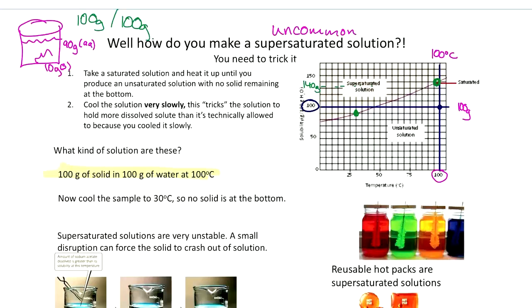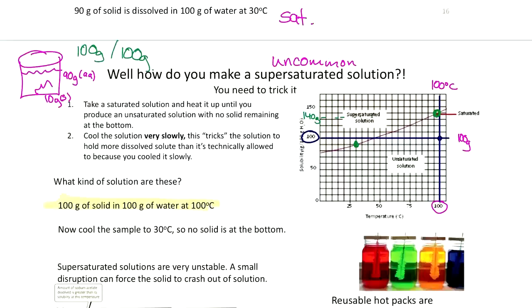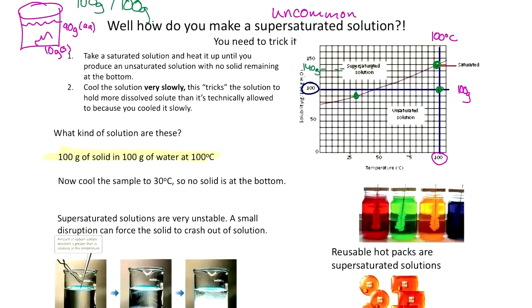Now, where is it on this graph? We are actually right here in the unsaturated zone. So this is an unsaturated solution at 100 degrees. It's the same stuff, 100 grams and 100 grams, but because we're at a different temperature, water has a different solubility capacity, I'm able to get all that stuff to dissolve. It is unsaturated now. Okay.